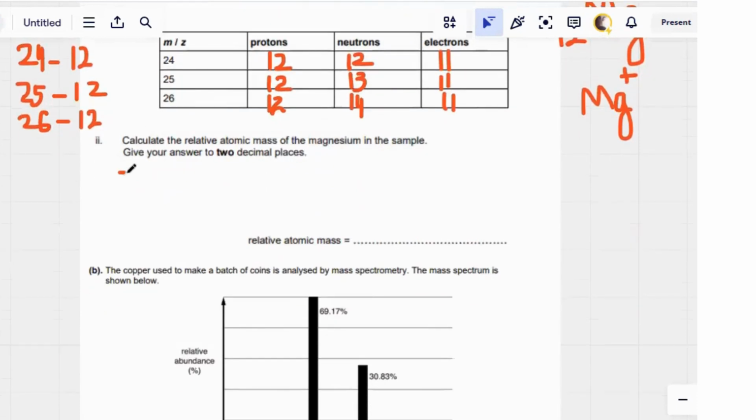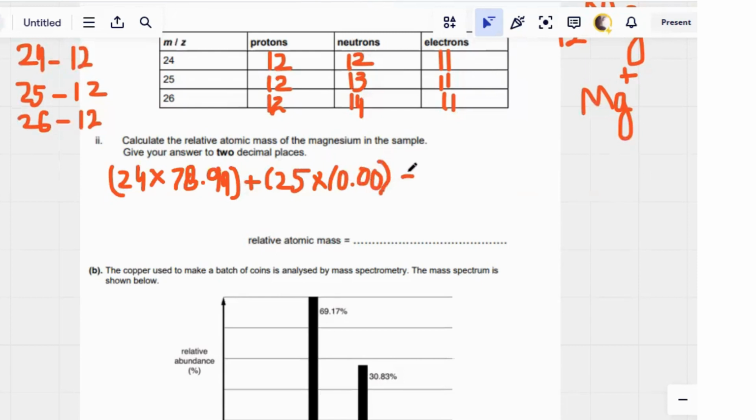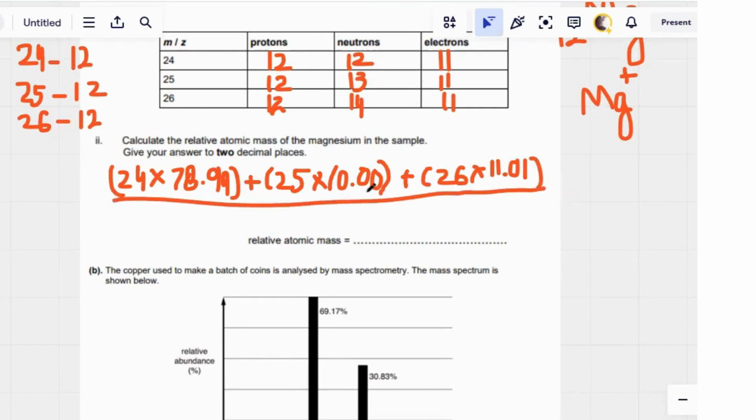So let's do it. It is 24 times 78.9. I will add 25, the isotope with mass 25 having the relative abundance 10.00, times it, and then add the third isotopic mass with its relative abundance, which is 26 times 11.01, and it is all divided by 100.